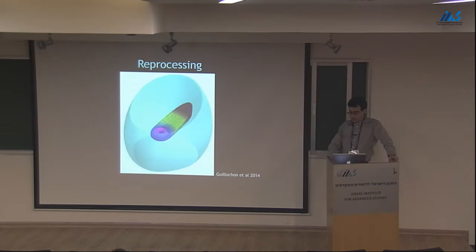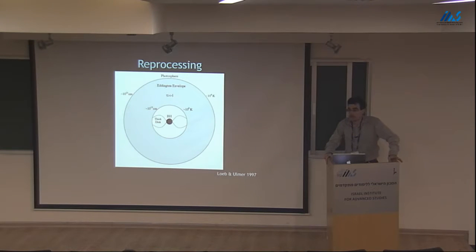And this is reminiscent of a very old idea from Loeb and Ulmer, who predicted before any of the optical TDEs were ever seen that we might see optical emission from TDEs if you have material at large radii. In their case, they were imagining a radiation pressure supported envelope that was more or less static.